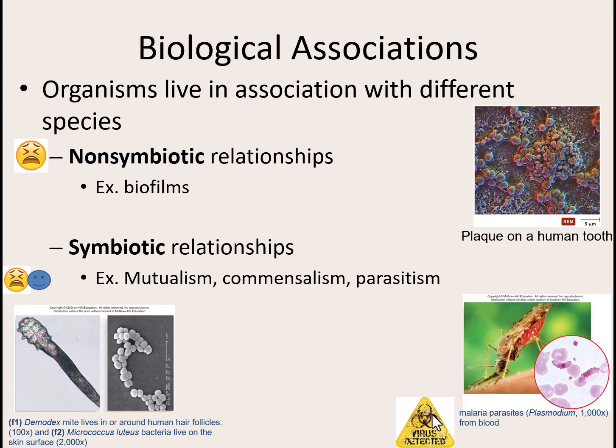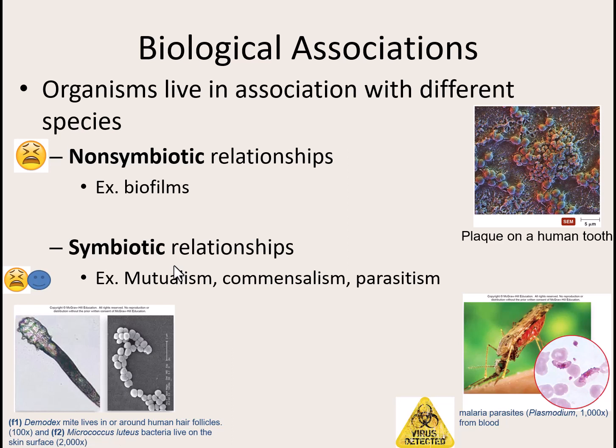Some of them are non-symbiotic relationships, which means they're not all benefiting from it, and some are symbiotic relationships, which means someone's benefiting from that particular association, but it is a required association. So a symbiotic relationship means it's required that they live in this type of environment, whether it's because they're always causing harm or because they're always benefiting.